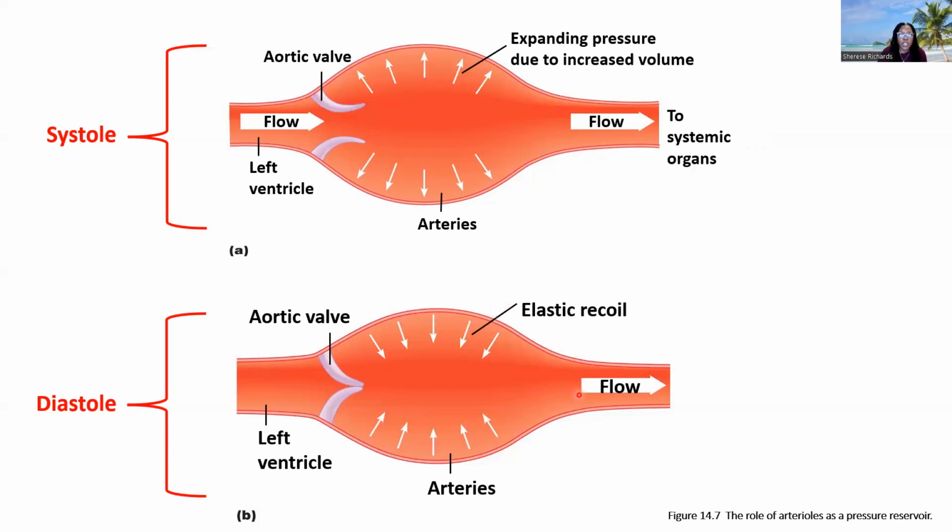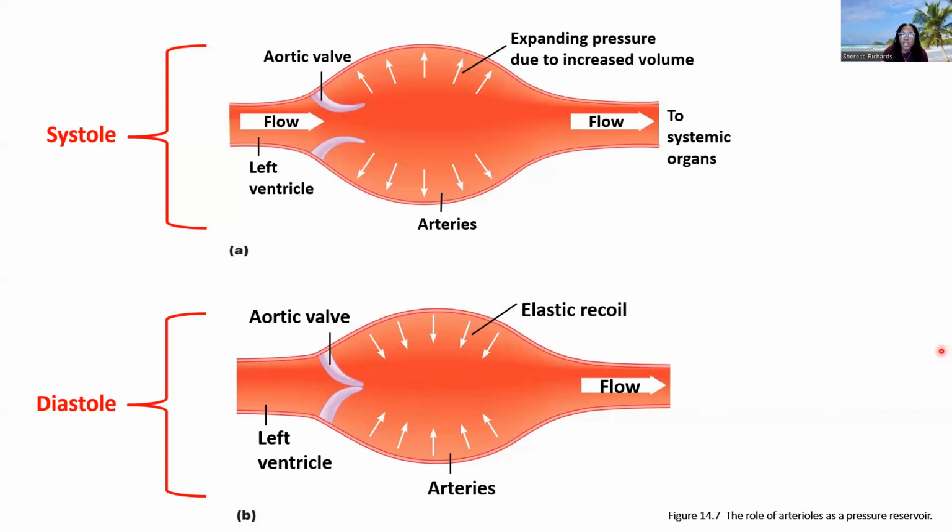If we think about how this changes for diastole. So remember, in diastole, what's happening? Our ventricle is filling. So now the AV valves are going to be open, and the semilunar valves, including our aortic valve here, will be closed. So we would be tempted to think that since the aortic valve is closed, the pressure in this artery will drop to zero, and that doesn't happen. What happens instead is the elastic recoil, the pressure that has been captured in the wall of this aorta, will then forcefully propel the blood in this artery out into the systemic organs.